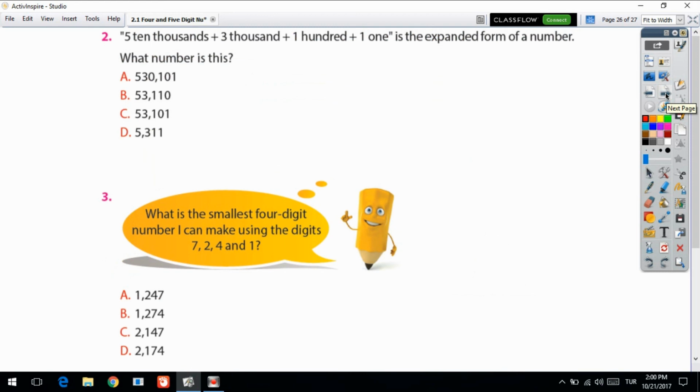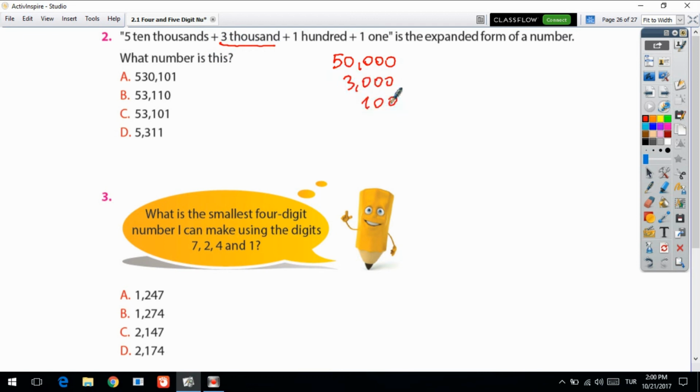510,000 plus 3,000 plus 101 is the expanded form of the number. So what number is that? Okay, let's write 510,000. What makes 510,000? 5 times 10,000 means 50,000. Then 3,000 means 3,000.